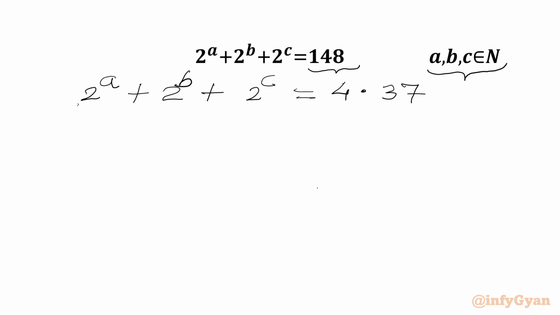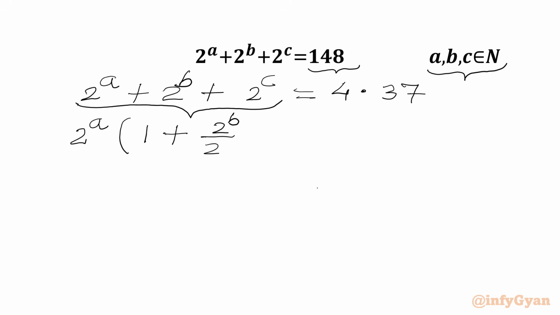Now we are going to take 2 power a common from the left hand side. So we can write here 2 power a common out in bracket, 1 plus 2 power b over 2 power a plus 2 power c over 2 power a, equal to 4 times 37.